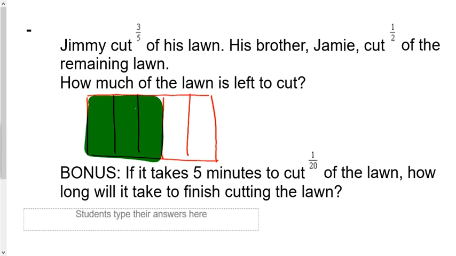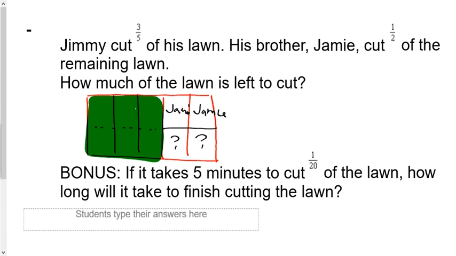Okay? This is Jimmy. Jamie, his brother, cut half of the rest. So Jamie did this one, and Jamie did this one. Okay? So how much of the lawn is left to cut? Just this part here. Well, how much is that? According to my picture, 2/10, correct?